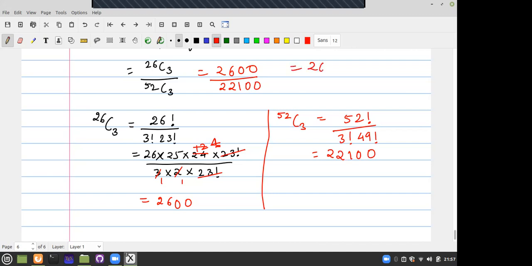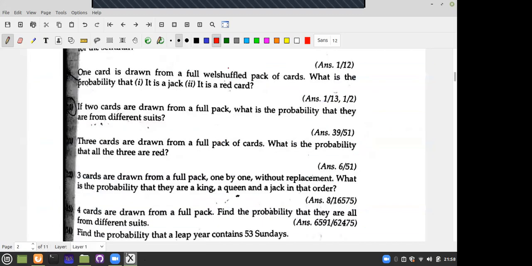So just see if it is matching with the ma'am's answer. Yeah, 2 upon 17. Ma'am's answer is something else, 6 upon 51, right?